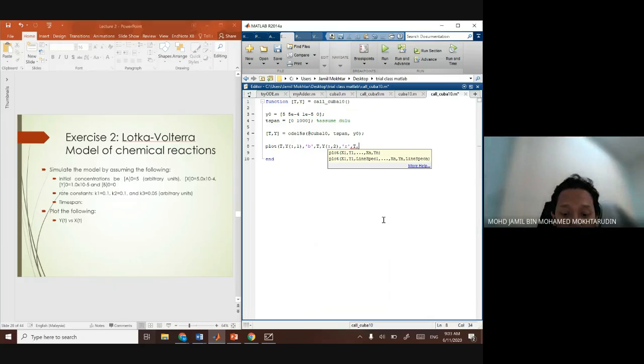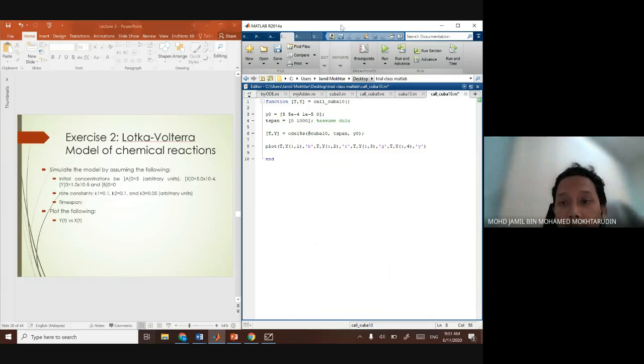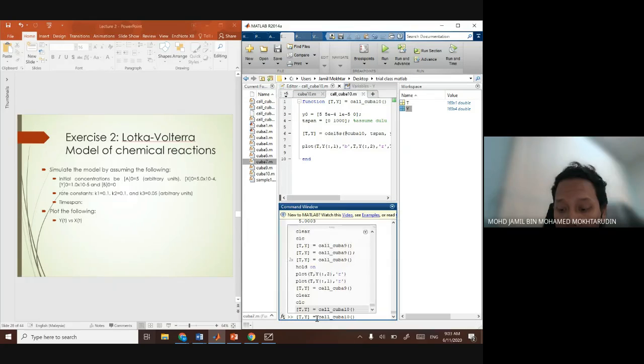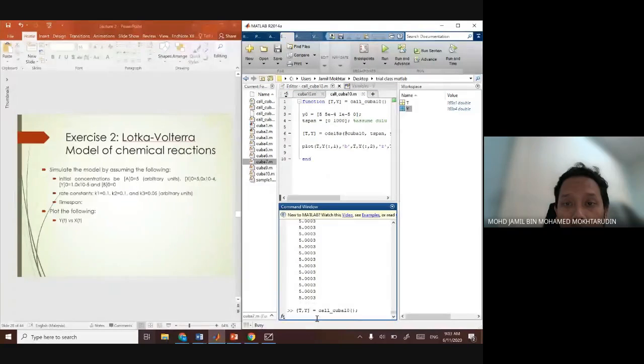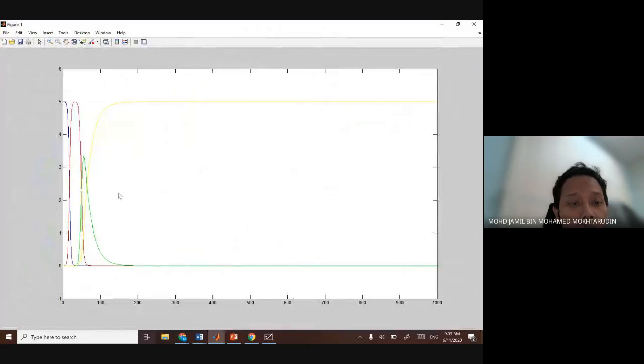And then T versus Y3. Green. And T versus Y4. Yellow. So we can try run the function again. Okay, so we get some graph.